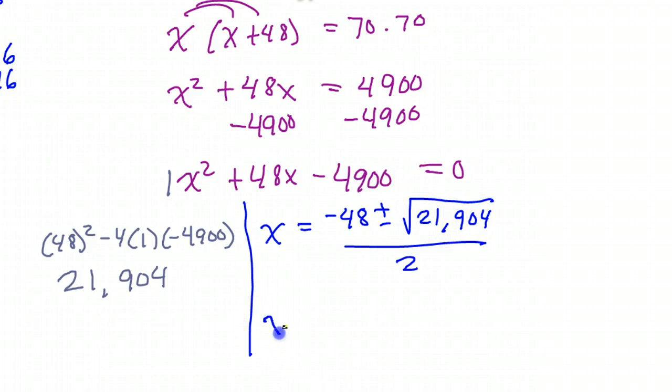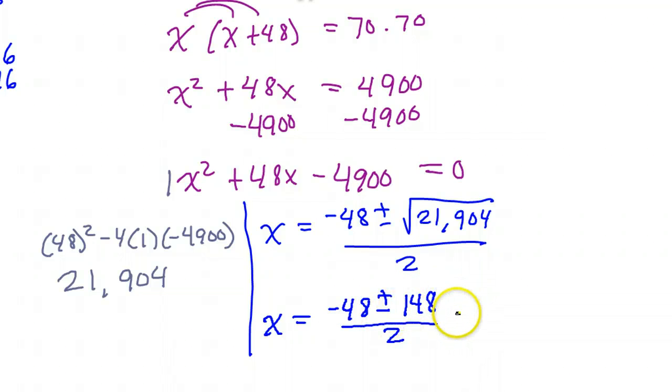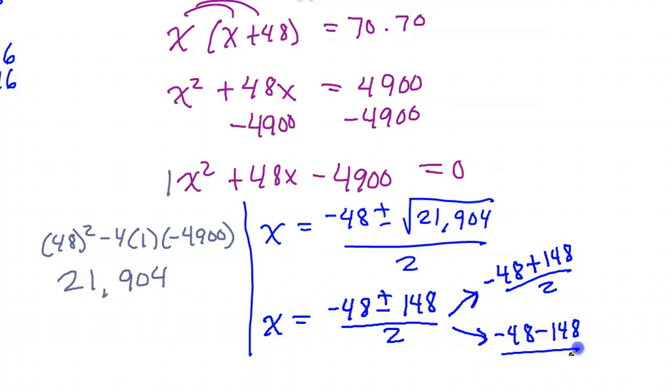So that's going to give us x equals negative 48 plus or minus 148 over 2. Okay, and we're going to turn this into two answers by doing negative 48 plus 148 over 2 and negative 48 minus 148 over 2. That's the plus or minus option. Alright, this one gives me 50, and this one gives me negative 98.